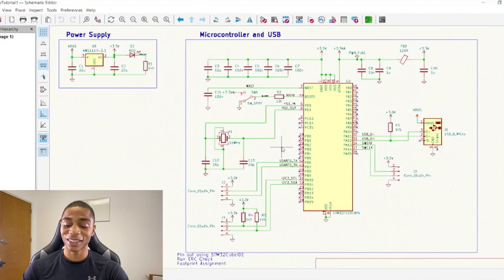So that's a lot. We also have 2 load capacitors, and these load capacitors just allow our crystal oscillator to oscillate consistently and accurately, and they allow our crystal oscillator to operate at its resonant frequency.